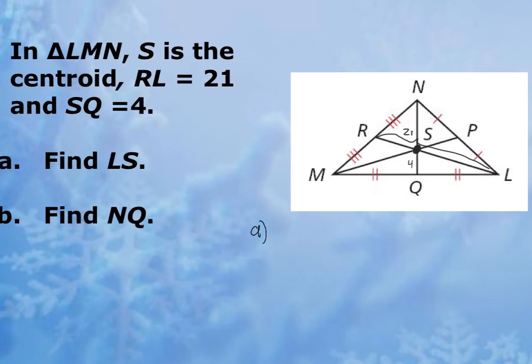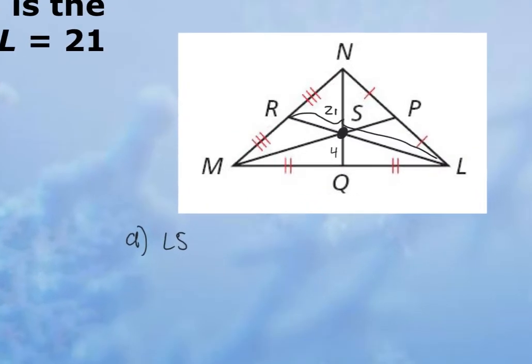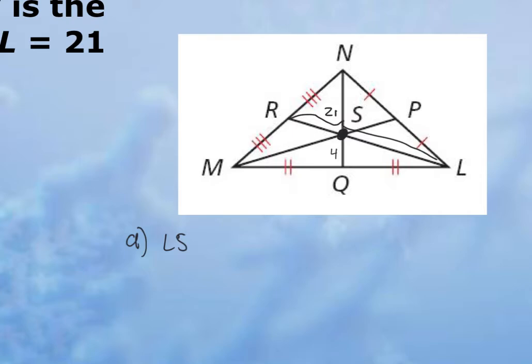So for A, LS is this distance right here. That is the distance from the centroid to a vertex, L, right? So it's going to be 2/3 whatever RL is. So LS equals 2/3 times RL. It's going to be 2/3 the whole length.